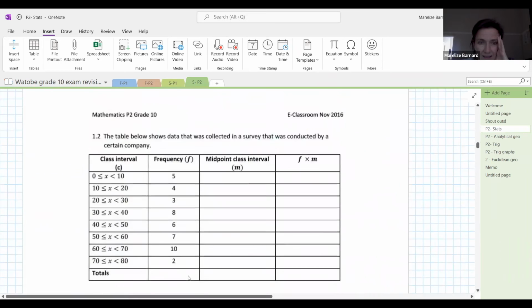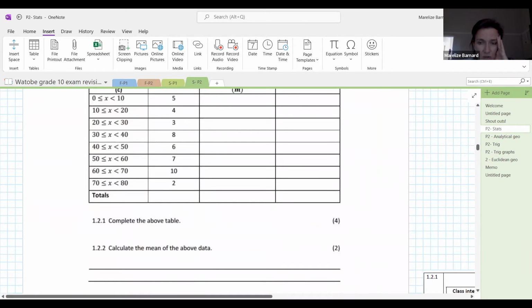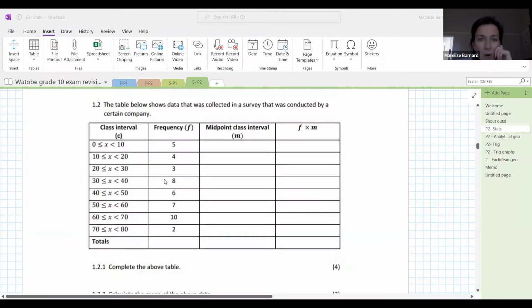Okay, let's go on to the last stats question. Here we've got a question on the estimated mean. The table below shows data that was collected in a survey conducted by a certain company.